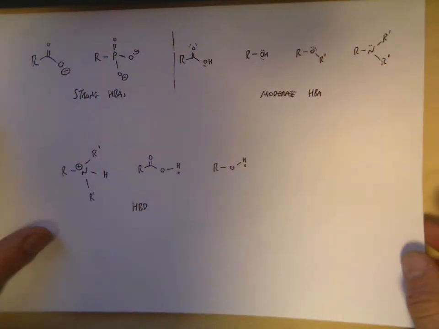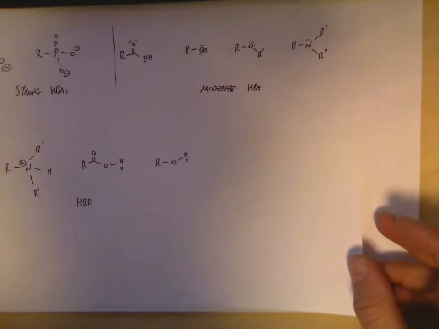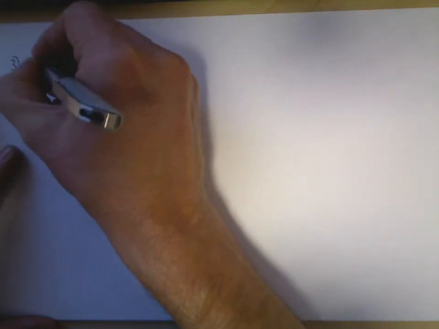So we've seen that we have electrostatic interactions and hydrogen bonding. The other type of interaction is the van der Waals interaction.